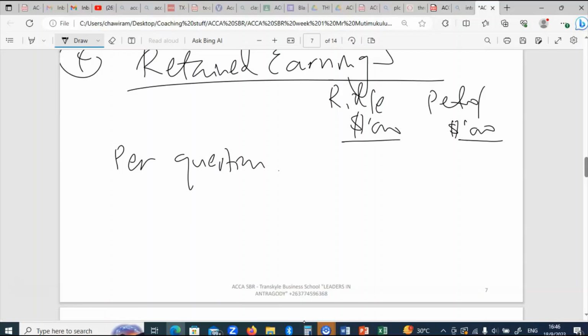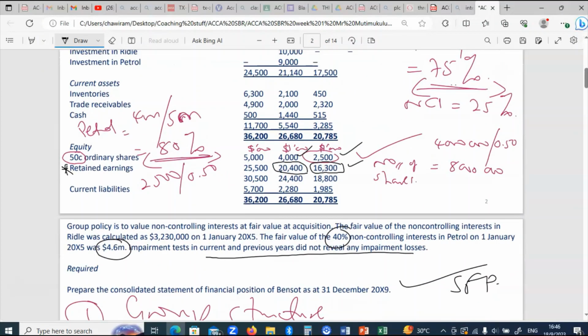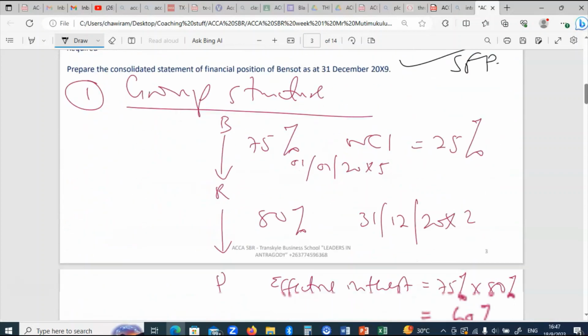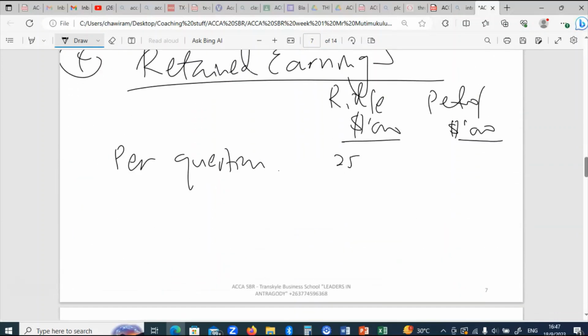So we go back to our statement of financial position, ladies and gentlemen, and we go to the section of retained earnings. We're going to take all these figures. This is per reporting, so those figures, that line, you just have to copy and paste. That's 25.5, the first figure there, this is the parent.